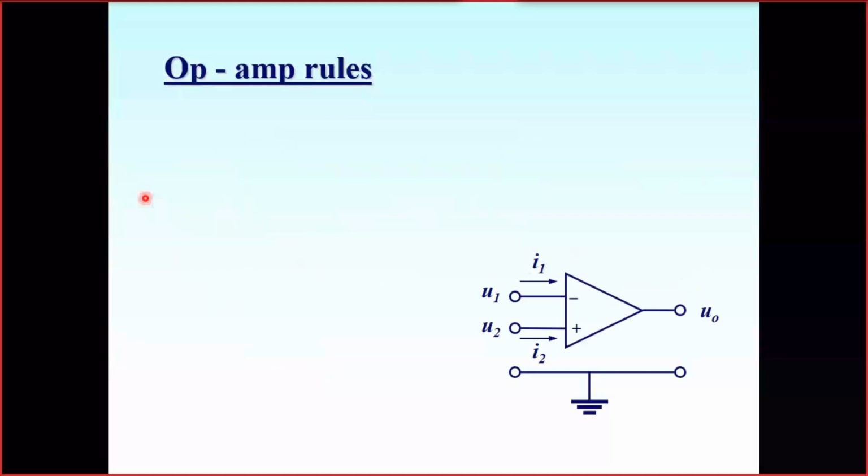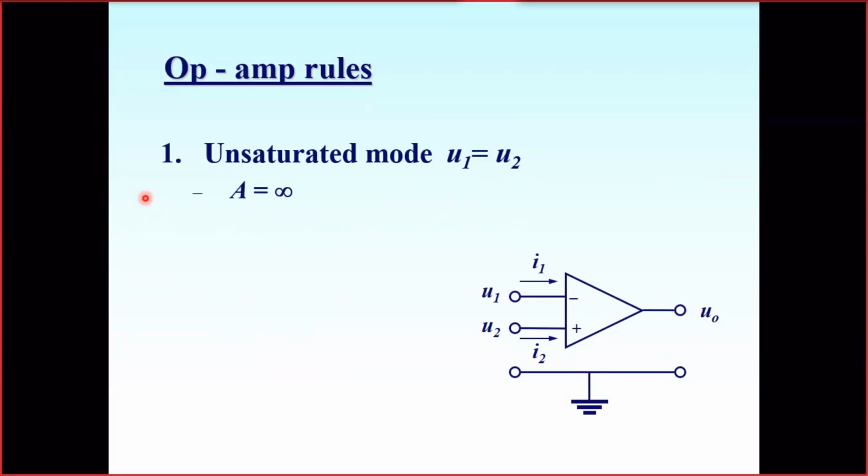What we are using when we calculate the corresponding amplifier circuits. The first of the rules of thumb is related to this infinite gain. So actually, if we would have any really infinite gain, what happens?